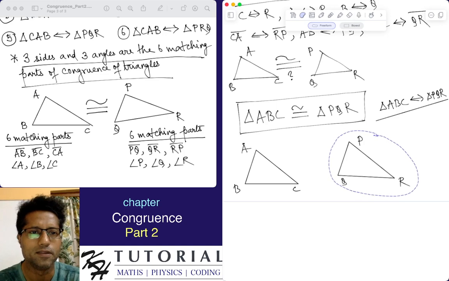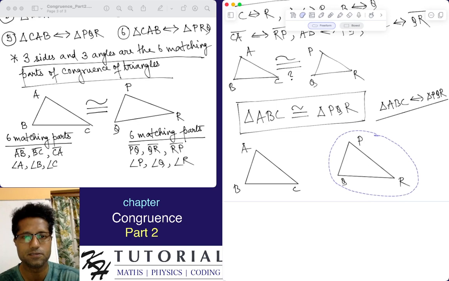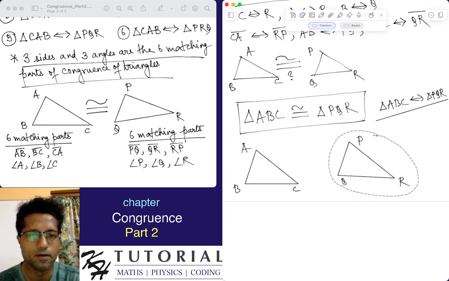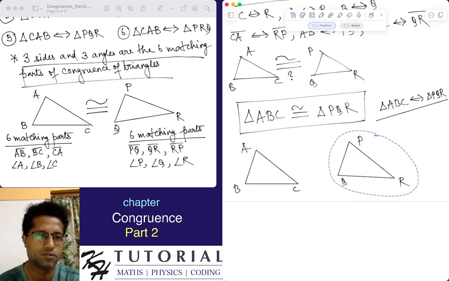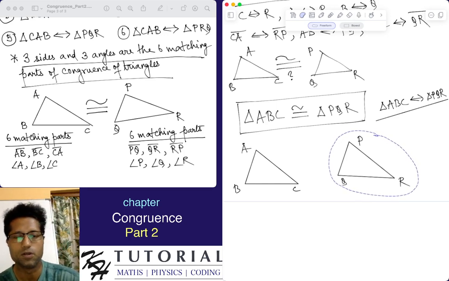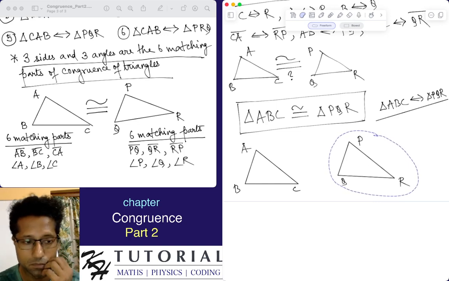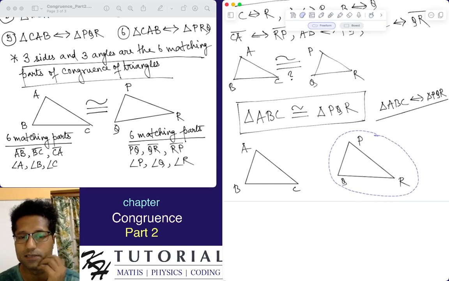So what this point, that the 3 sides and 3 angles are the 6 matching parts of congruency of triangles, means is that when we solve problems, we will have to see whether the 3 angles of one triangle are equal to the 3 angles of the other triangle, and also whether the 3 sides of one triangle are equal to the lengths of the corresponding sides of the other triangle.